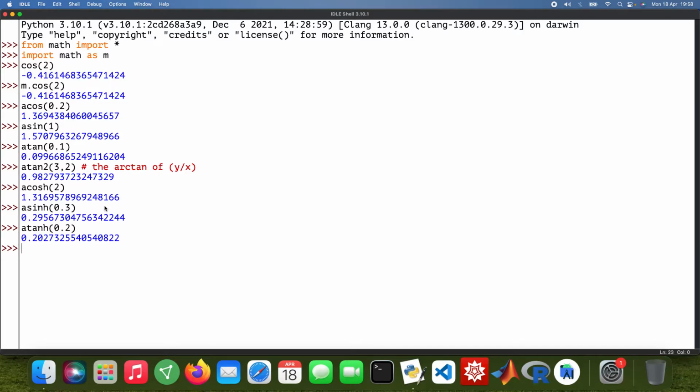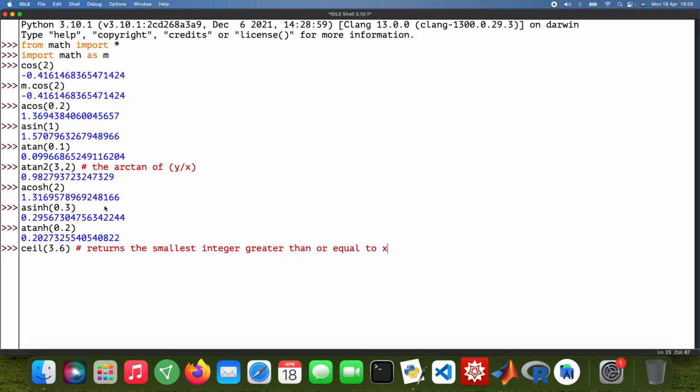And then my function ceiling. I'll think of 3.6. What this does is it returns the smallest integer greater than or equal to x.